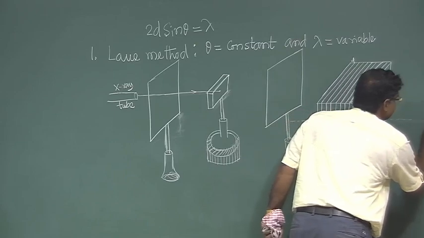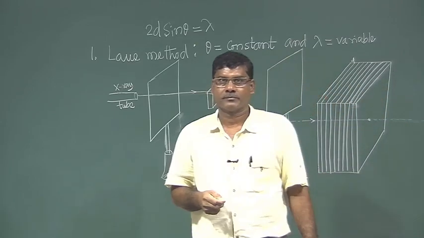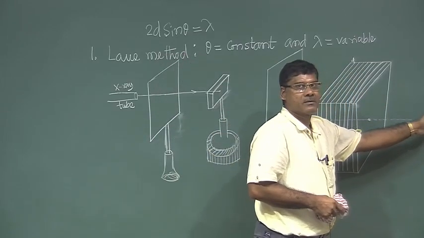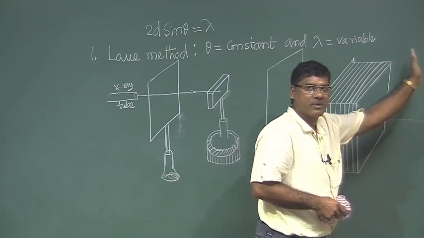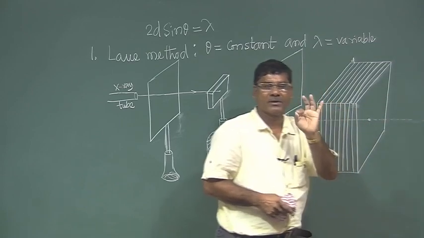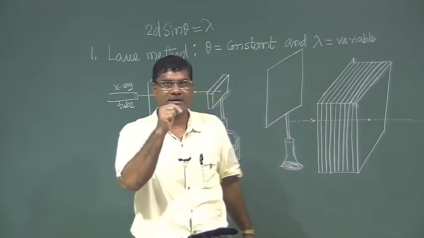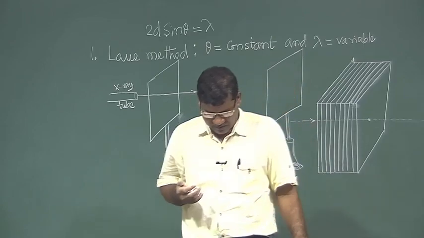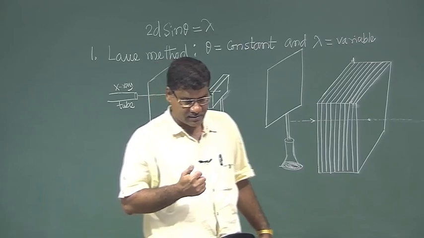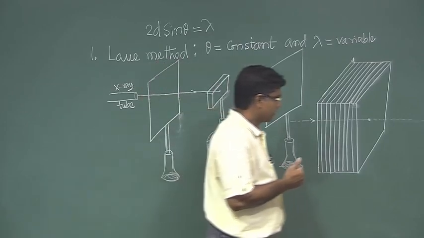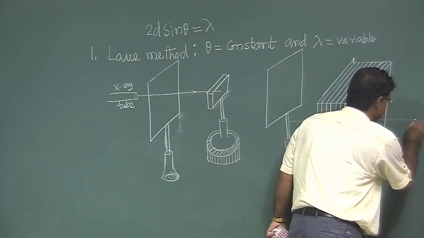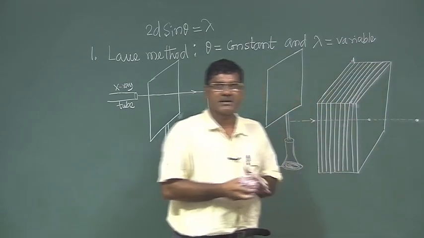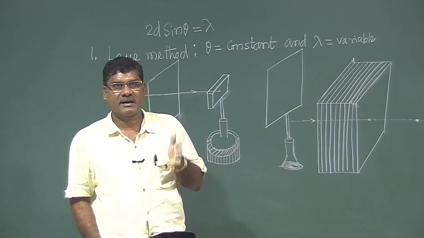There is a diffraction peak in this direction, with high intensity along this direction, and it will be on this photographic plate. So there we will see one spot. Say it is a white spot or black spot, depending on the photographic plate. So this will give one spot here.